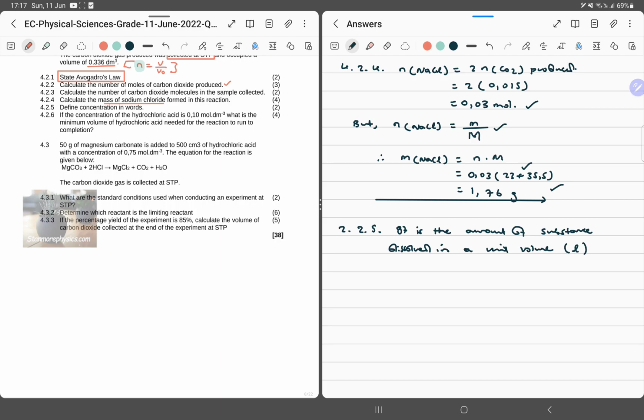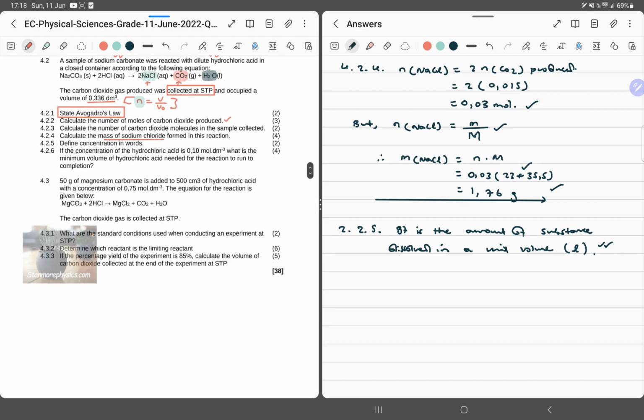Sometimes they use a liter, so you can say per liter. So it's the amount of substance in moles per unit volume. Easy definitions, guys. There's no need for a second invitation there.